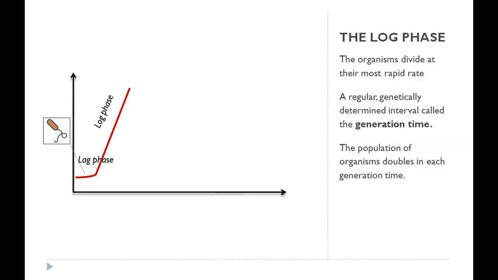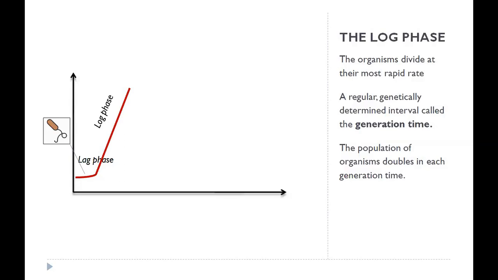As you can see, there is a sharp increase in the number of cells. So what is happening here? Bacteria are now increasing, but not just in size, also in number. Cells are rapidly dividing and more cells are getting generated.